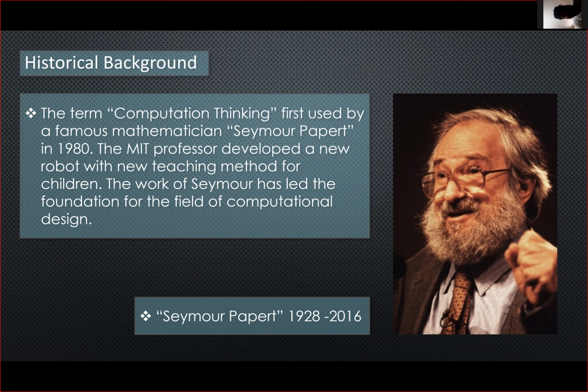By doing this, he technically opened a limitless science based on robotics, artificial intelligence, computational design, generative design and parametric architecture, all opened by the work he did in the 1980s. He passed away in 2016.